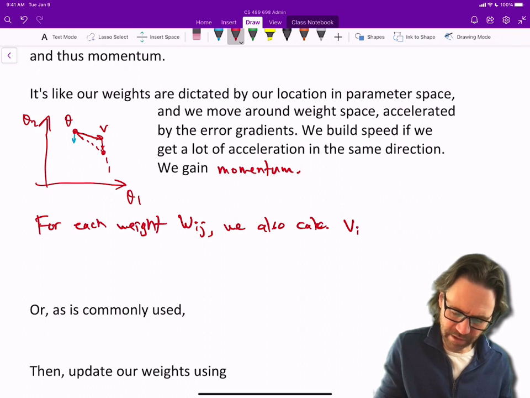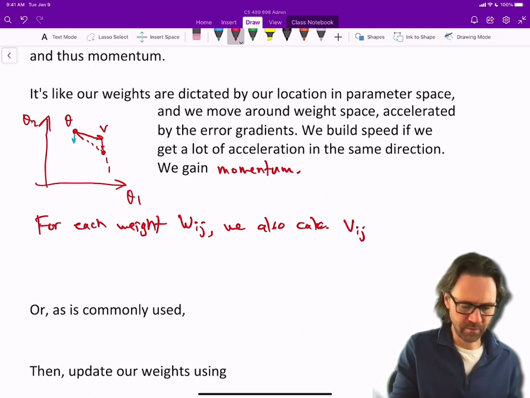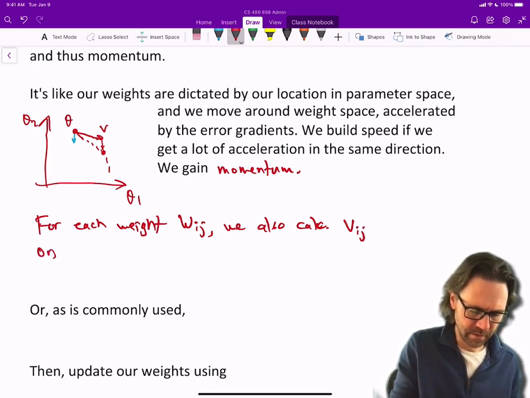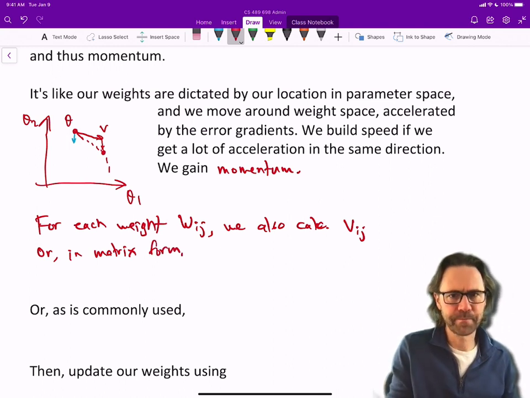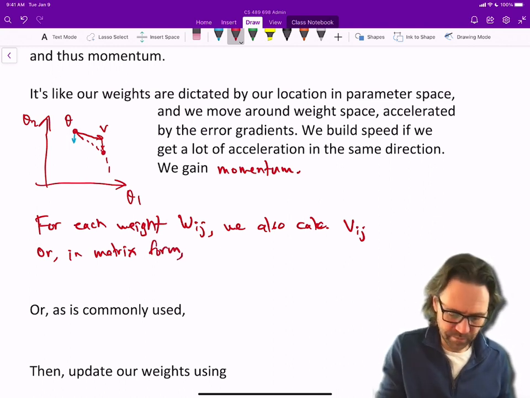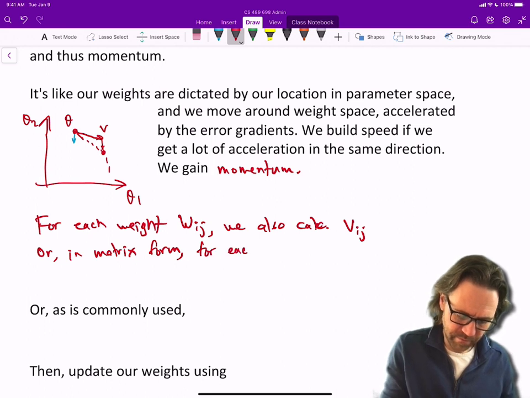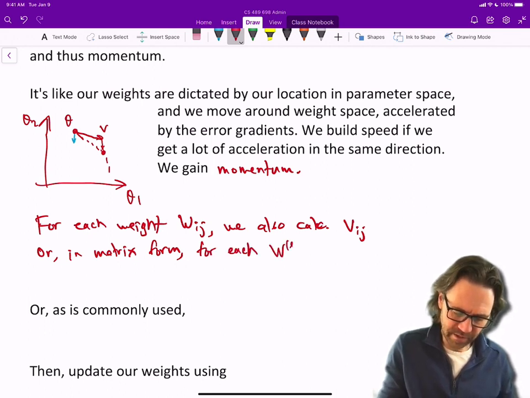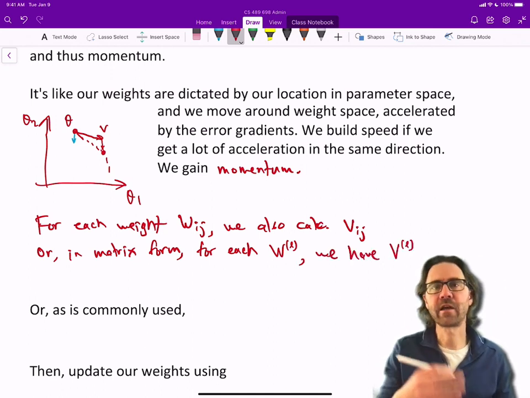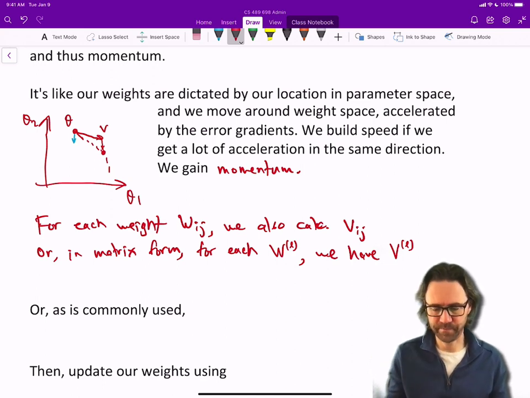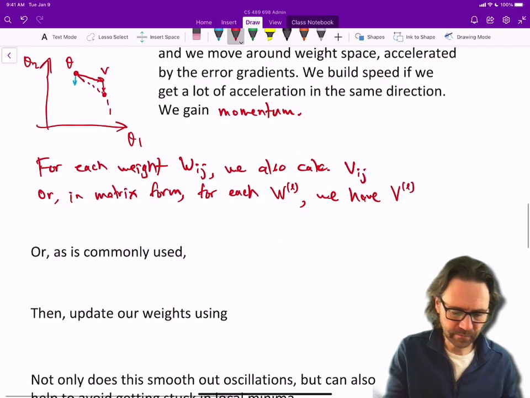Also calculate Vij. Or, that looks like, in matrix form, for each W, and I can even say for a given layer, let's say, we also have to track the velocity or the momentum that is going to be used to change that.